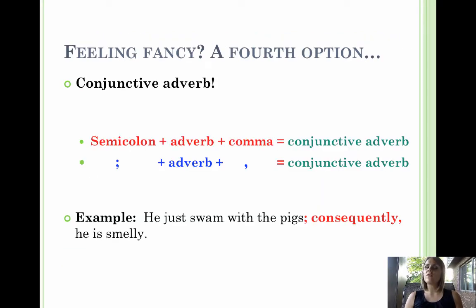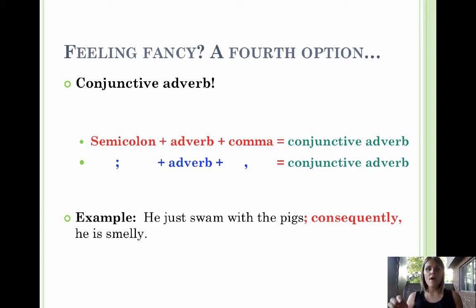Okay, so if you are feeling fancy in those first three ways for fixing a run-on, don't do it for you. Here's a fourth option, which I love, and I encourage you to use these, but please don't overuse them in your papers, okay? There is such a thing as death by conjunctive adverbs, and that's when you use them all over the place. So use them sparingly, but they're really powerful.